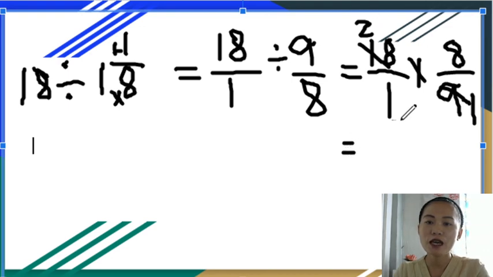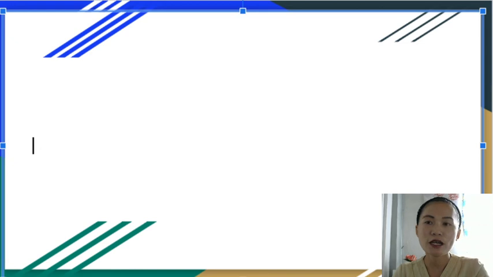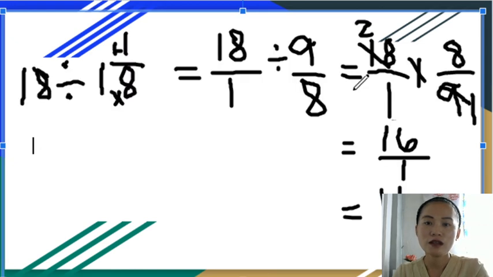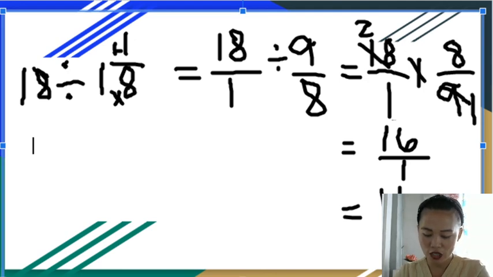2 times 8 is 16. 1 times 1 is 1. So, 16 over 1, that is an improper fraction. 16 divided by 1 is 16. So, therefore, ang ating magiging sagot is, ano ba yung tinatanong kanina? The question is, how many slices can she make if each slice measures 1 and 1/8 inches long?